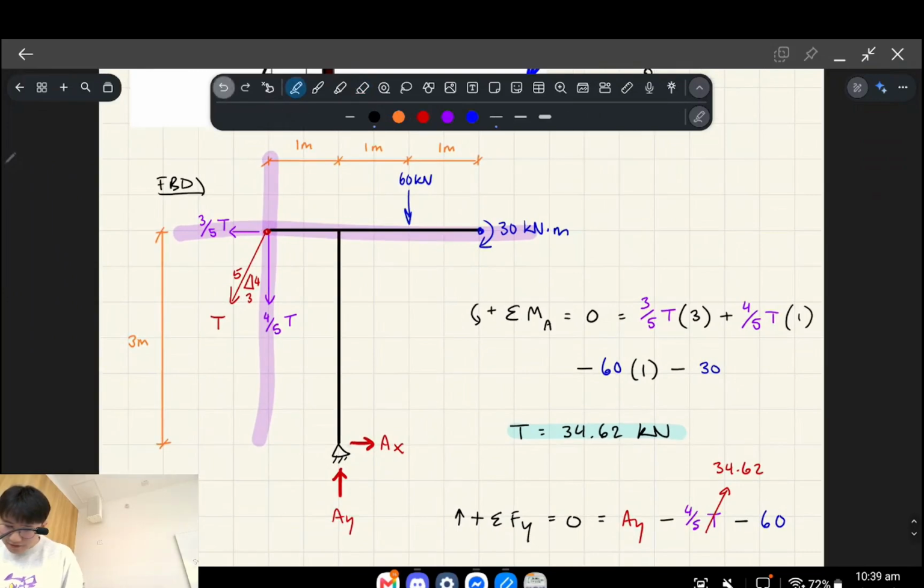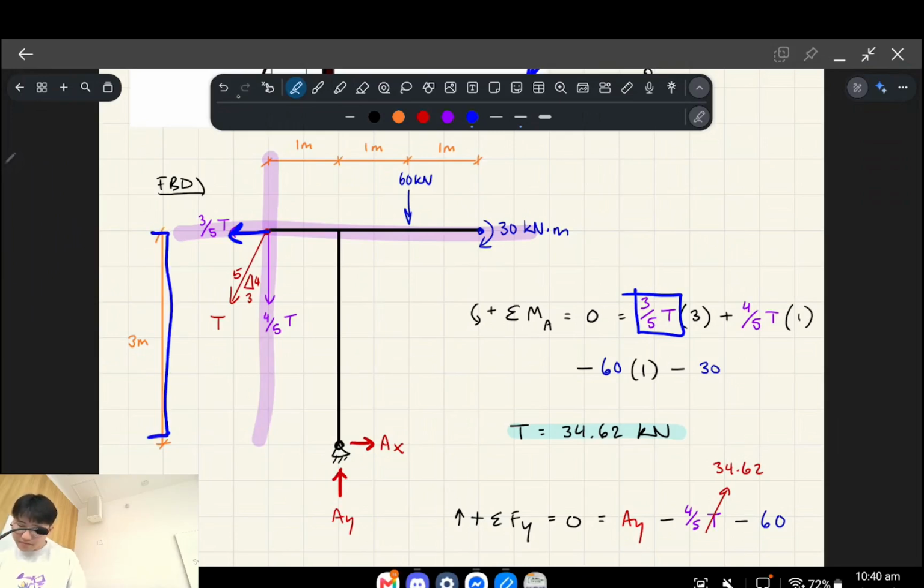Okay, so if I take the sum of the moments about A, which is here, we can consider this force, which is the horizontal force in tension, which is 3/5 T, from our Pythagorean triple ratio. And it's got a lever arm of 3, which is here to here.